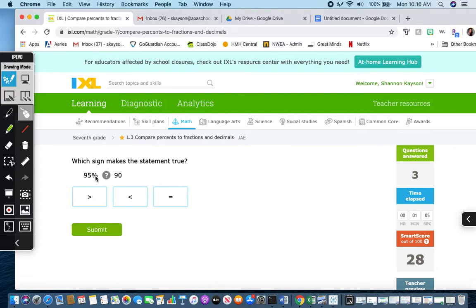Here we have 95% compared to 90. Now this is where it gets a little tricky. You cannot forget that 95% is a ratio. 95% means 95 out of 100.